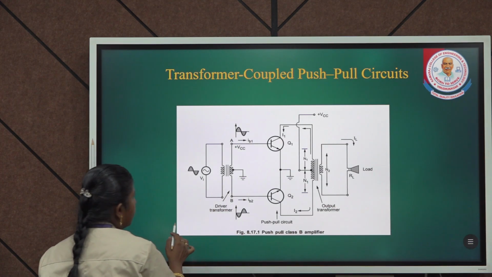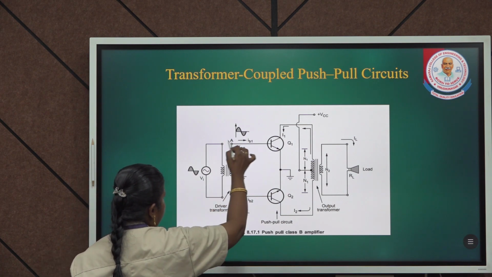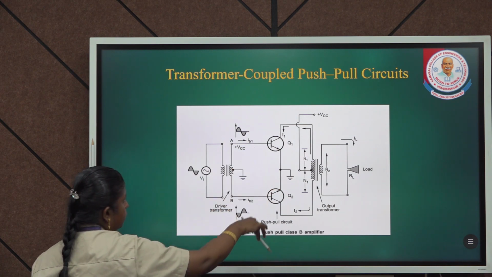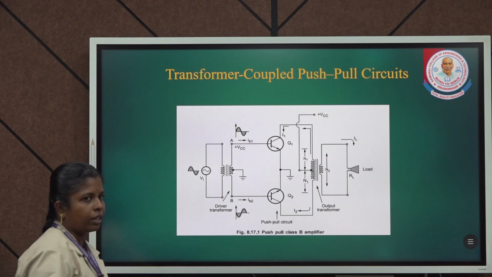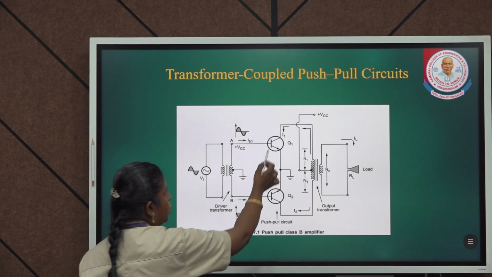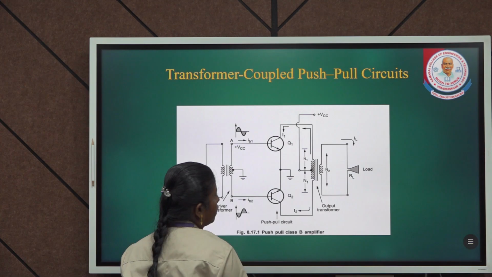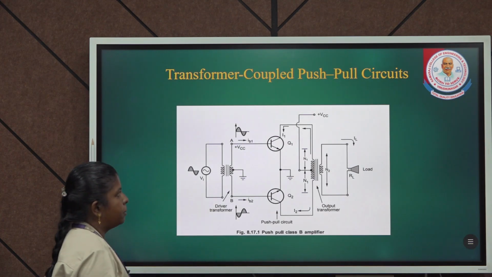The driver transistor operates for one particular half cycle, which is the Q1 cycle, where it gives a positive cycle, and in the other half it gives a negative cycle, where Q1 is in the off state and Q2 is in the on state, and the corresponding waveform is obtained.